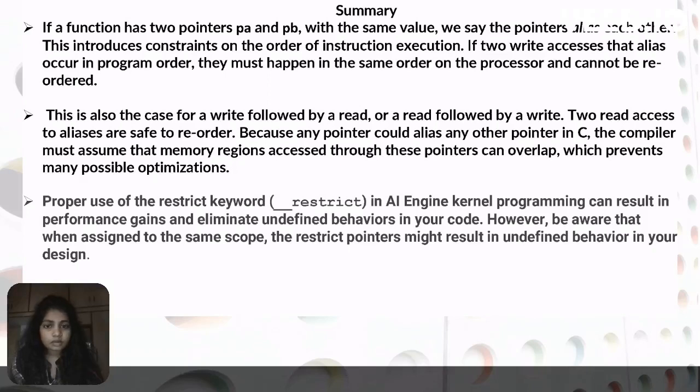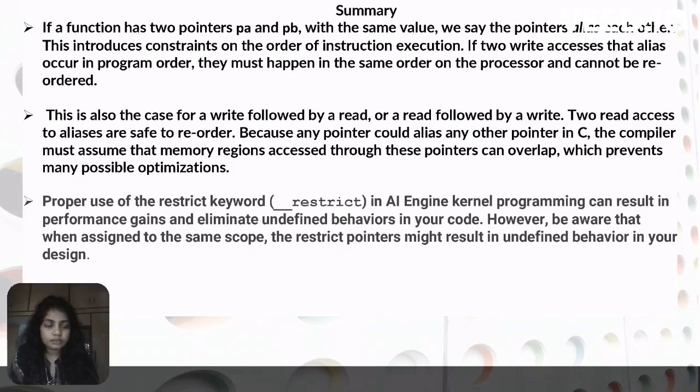The summary of this video: if a function has two pointers pa and pb with the same value, we say the pointers alias each other. This introduces constraints on the order of instruction execution.